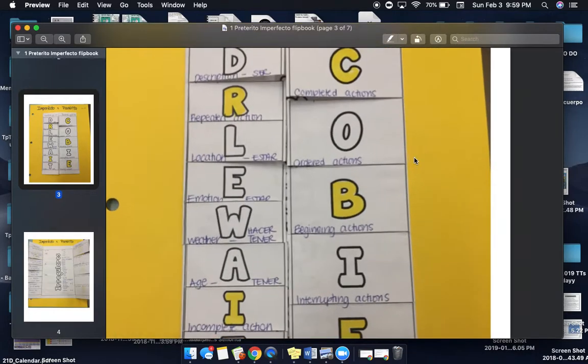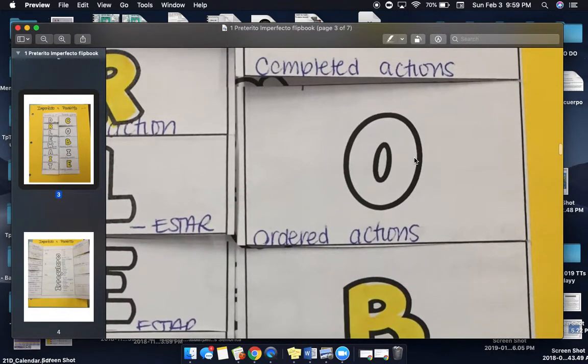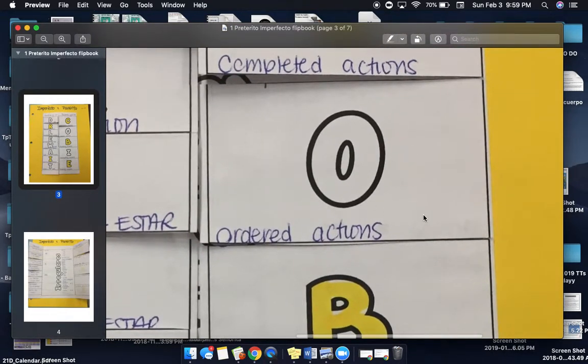Okay? Our next category for using the preterite is ordered actions. Okay, so what does that ordered action mean? For example, on those snow days, right? What were the things that you did with your friends? Oh, well, first we had breakfast.